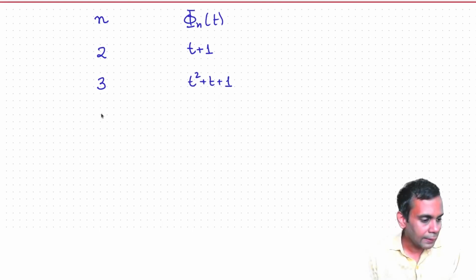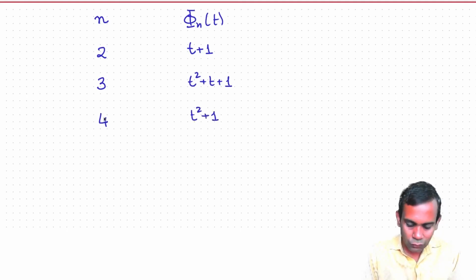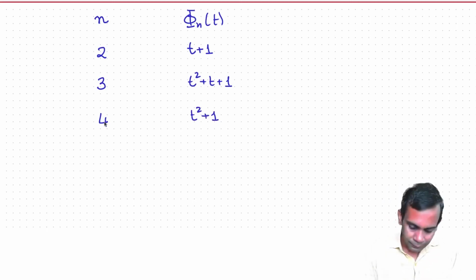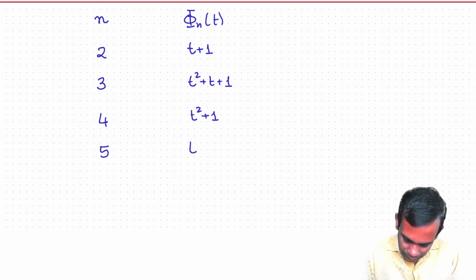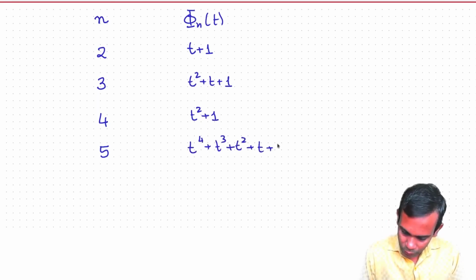And if we take n equals 4, then a little bit of thinking, you may come up with t^2 + 1. So n equals 4 means we're looking at fourth roots of unity, which are 1, i, minus 1 and minus i. Zeta_4 is e^(2 pi i/4), and that's just i. And for zeta_5, it turns out that its irreducible polynomial is t^4 + t^3 + t^2 + t + 1.